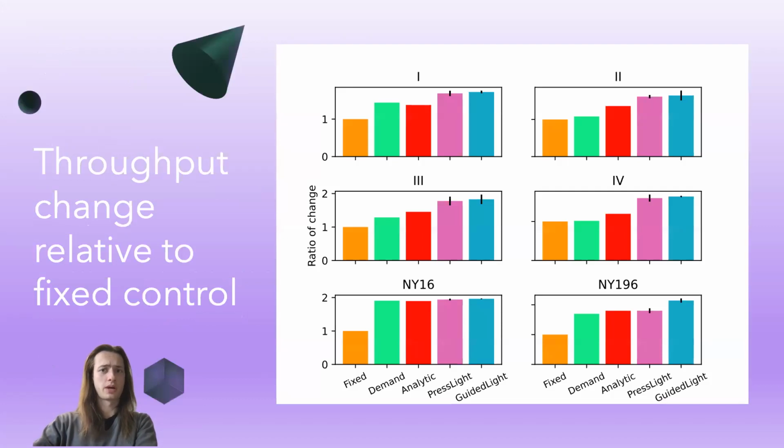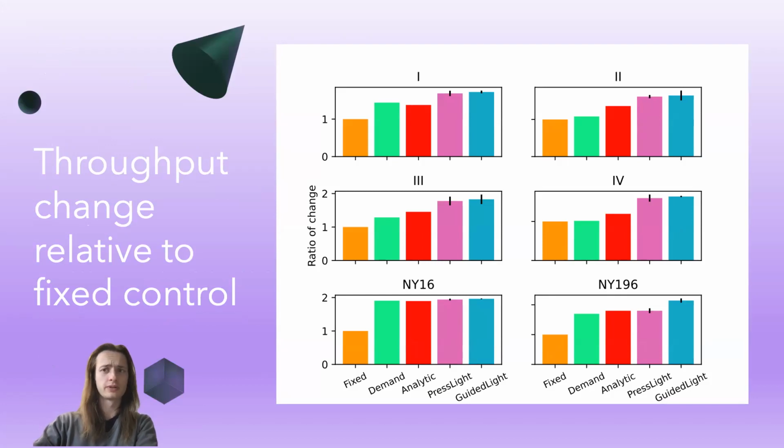Here we can see some results. Of course, there are many metrics that can be used to assess the success of these methods. And here, for the sake of simplicity, we'll just use throughput. That would be the total number of cars that went through the system in the simulation time. And of course, the more cars, the better. We used 6 different simulation settings.